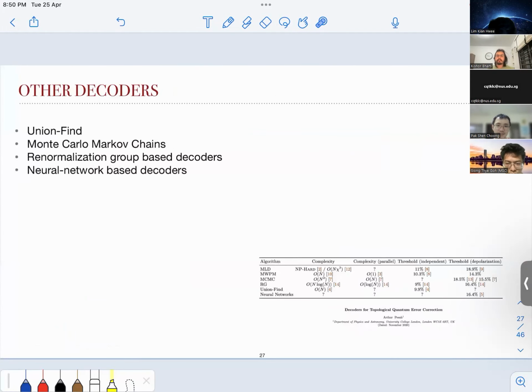There are other decoders which I did not discuss, but you can find on the internet, like union find decoder, Monte Carlo Markov chain, those based on renormalization group, and neural network based decoders. So there's a nice place where you can have a look.